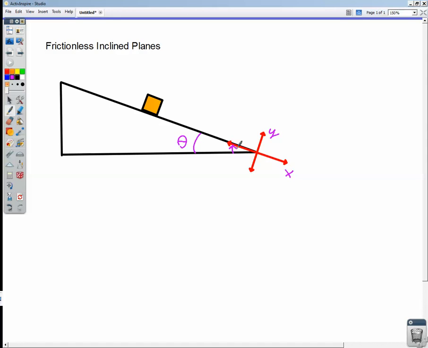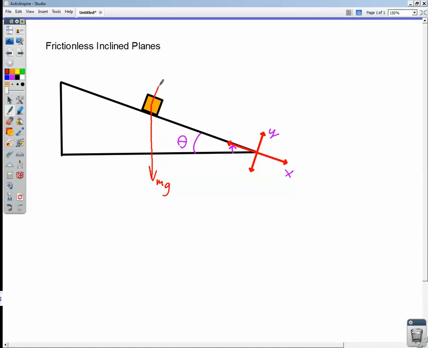All right, so with this new coordinate system in mind, we now draw the free body diagram for all the forces acting on this orange block that's sitting here in the middle. As always, we have the weight of the block, and the weight of the block goes straight down. We also have the normal force, and the trick here, the normal force always goes perpendicular to the surface.